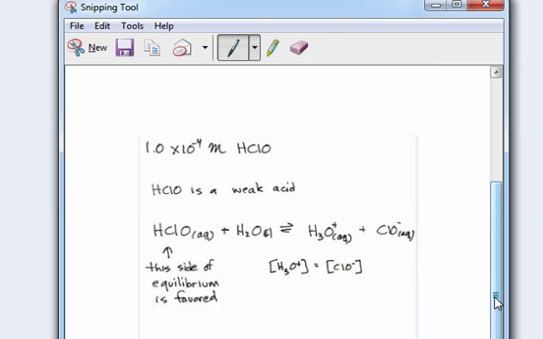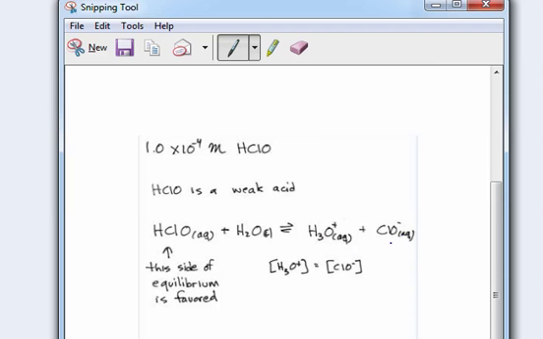All right, so already, without even doing any math, we know how to rank the hypochlorous acid with regard to the products in the dissociation. Now let me just say that when you go to rank these, Sapling will not let you rank these two as the same concentration.